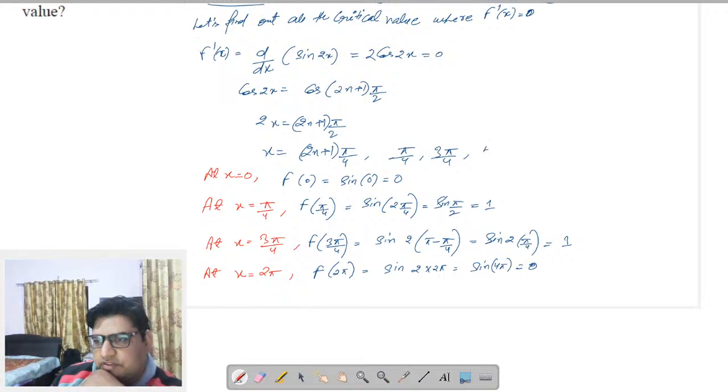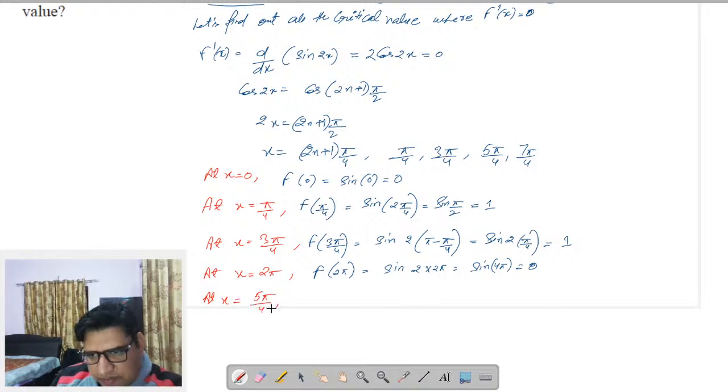And we'll have a few more values like 5 pi by 4, 7 pi by 4. Okay, so we can try to find out the value at these points as well. So here we have x is equal to 5 pi by 4. Okay, and let's see what happens at 5 pi by 4.